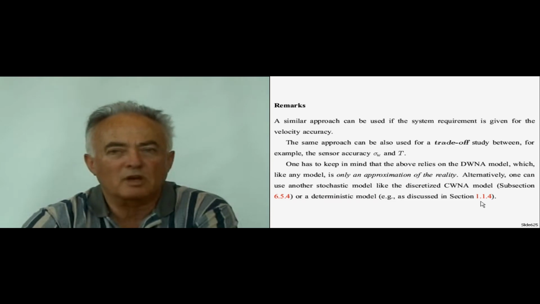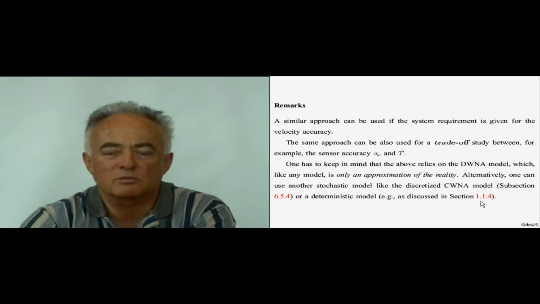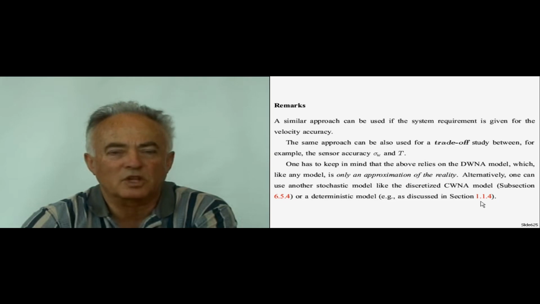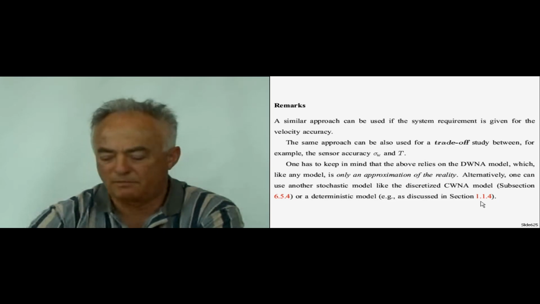So here is a model, here are some results for system design and parameter selection, but you have to keep in mind that none of the models are perfect. So you might have to go back and revisit the same problem with a different model.